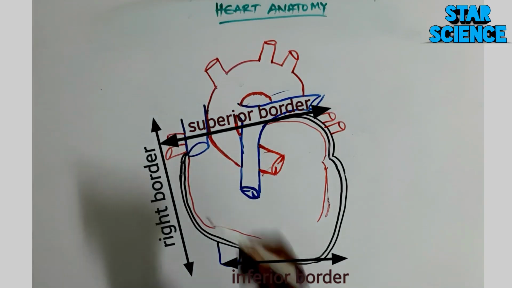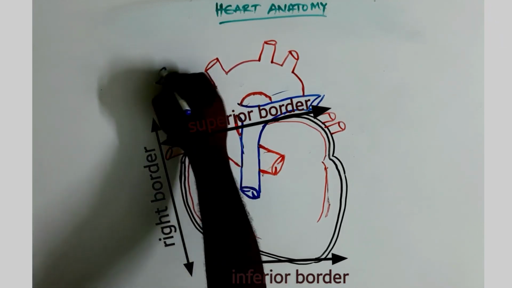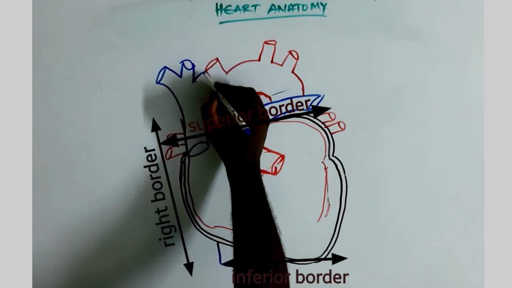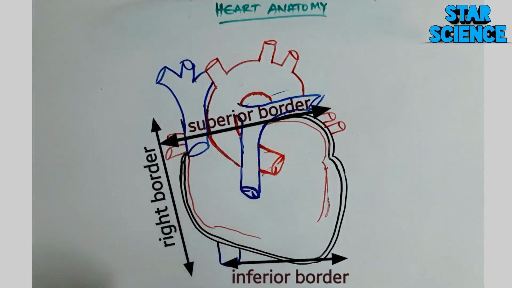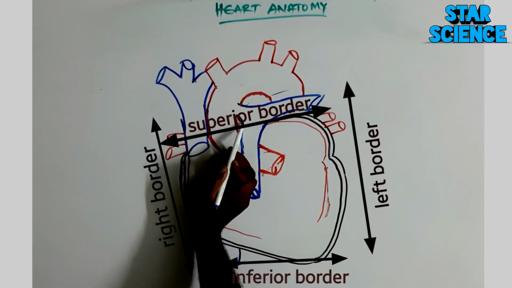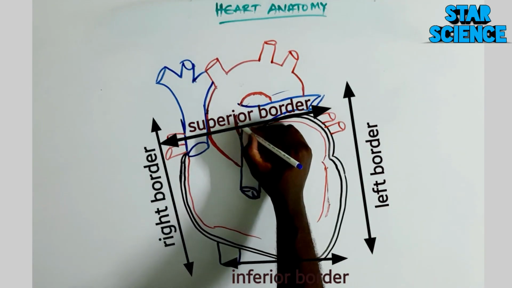So from the inferior vena cava to the apex, it is called the inferior border of the heart. Next, the left border, and these are the borders of the heart.